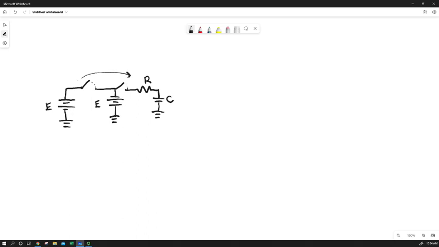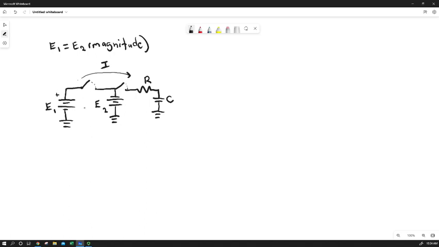In this case, conventional current would flow through. We'll call this source number 1 and source number 2, but we'll say that they are effectively equal in magnitude. We could put an absolute value line around that. Just note that they have the same magnitude, but obviously they're hooked up in opposite directions.